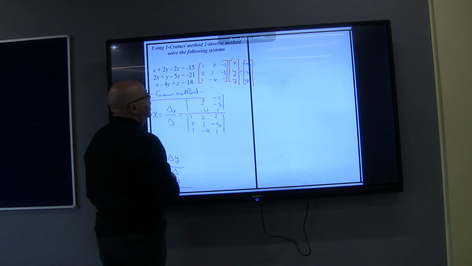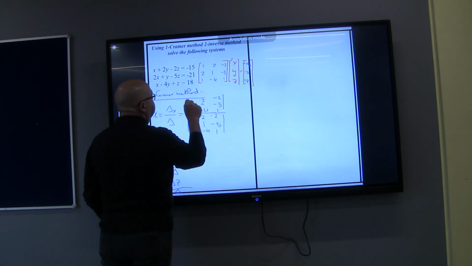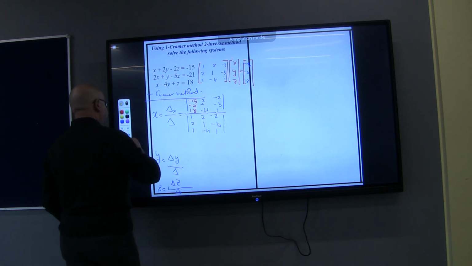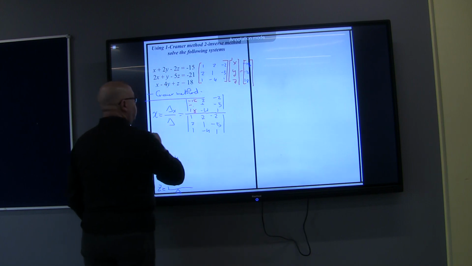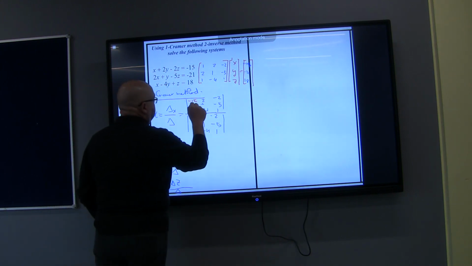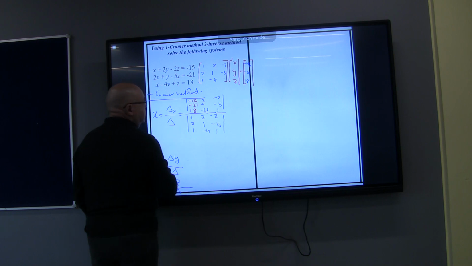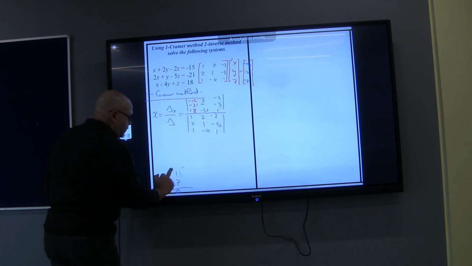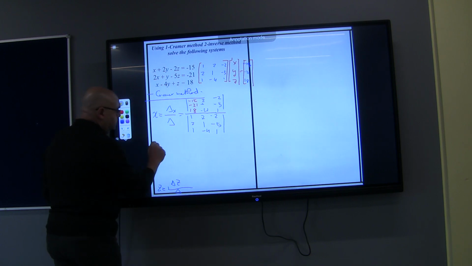And for the first column, we will replace it with negative 15, negative 21, then 18. That's for delta x.